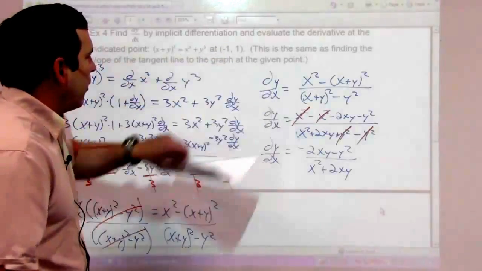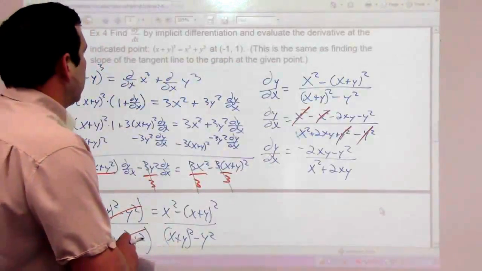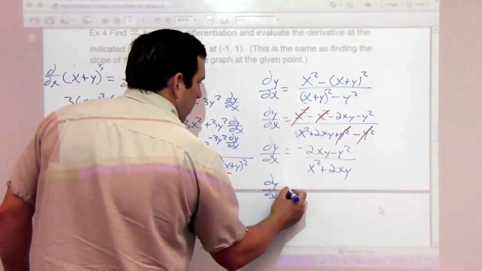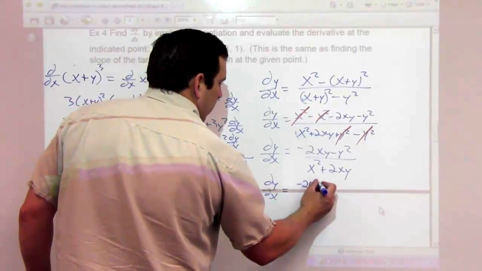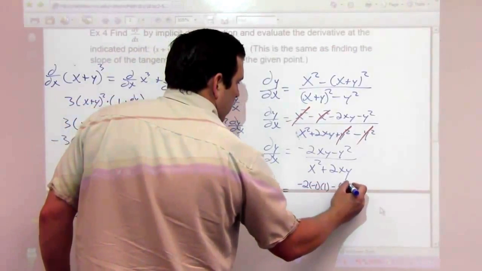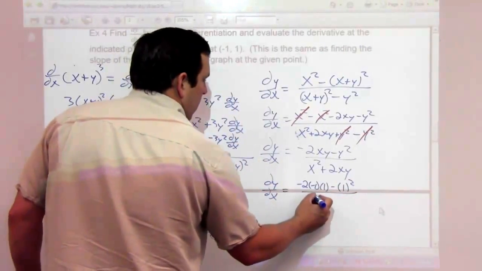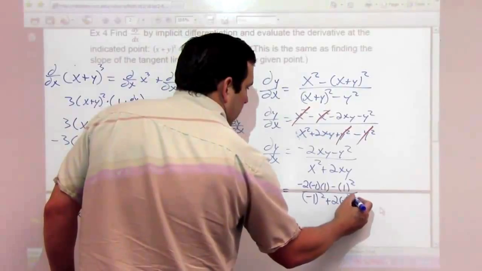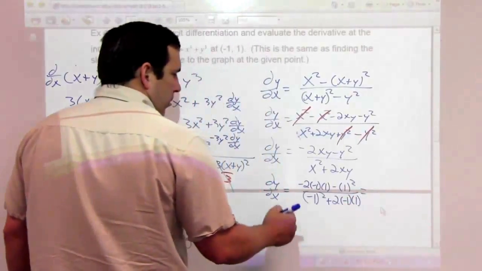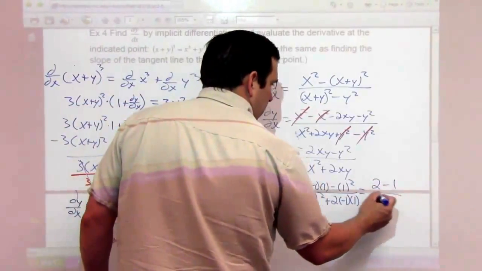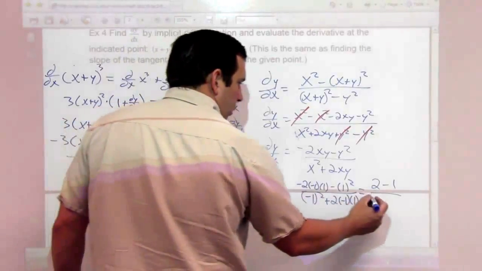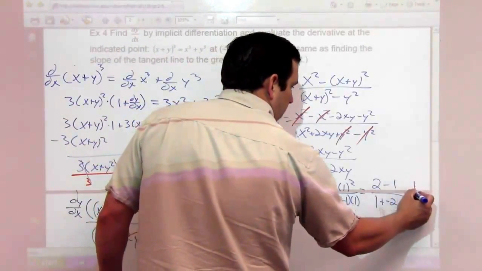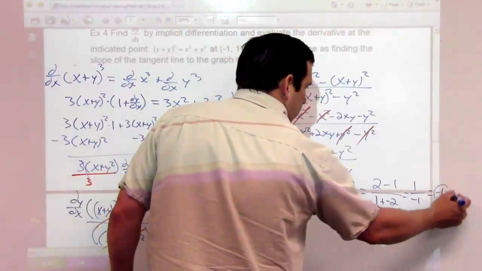And then we're going to evaluate it at (-1, 1). So dy/dx at (-1, 1) is going to be negative 2 times negative 1 times 1 minus 1 squared over negative 1 squared plus 2 times negative 1 times 1. That's going to be 2 minus 1 over, that's 1 plus negative 2. That's going to be 1 over negative 1, which is negative 1.